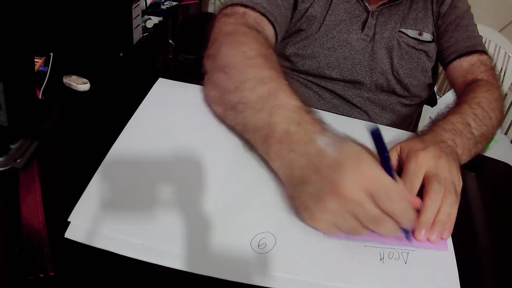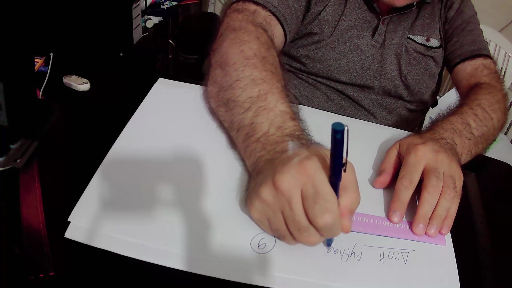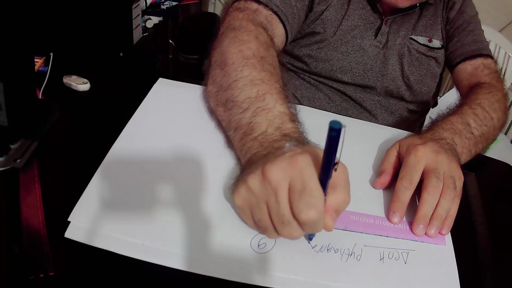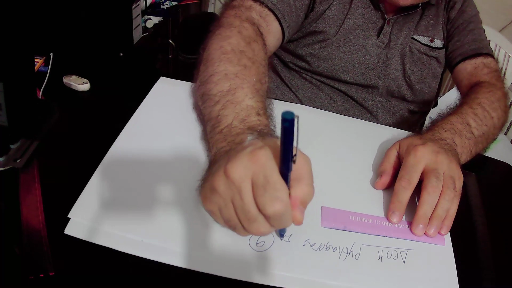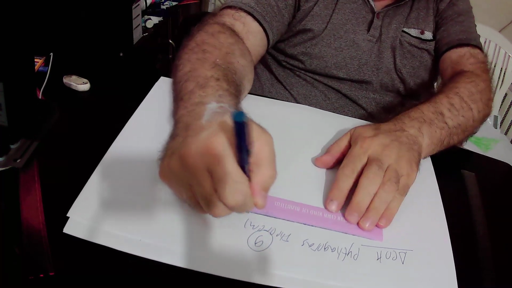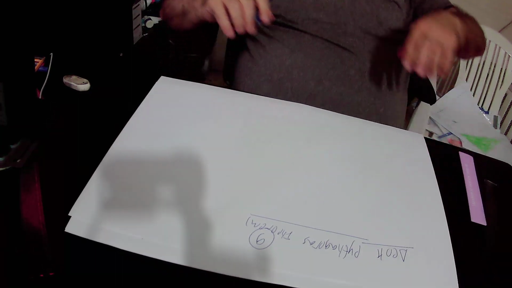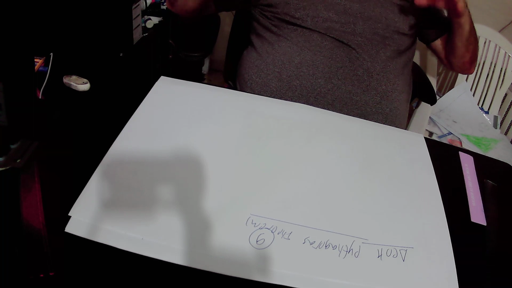According to the Pythagoras theorem, the square of the hypotenuse equals the sum of the squares of the perpendicular sides in any right triangle.